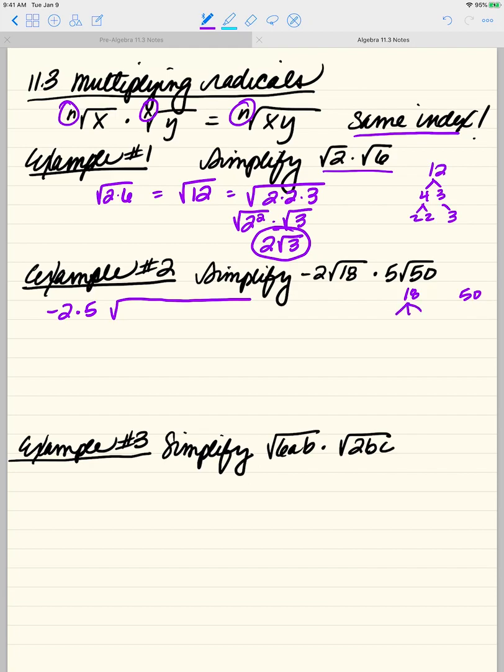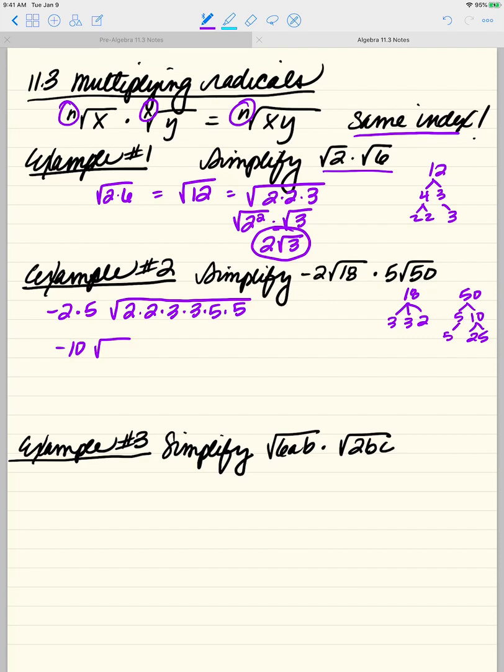So 18 is 9 times 2, so 3 times 3 times 2. 50 is 5 and 10, 5, 2 and 5. So that gives us 2 times 2 times 3 times 3 times 5 times 5, okay? So outside of the radical, we have negative 10 so far.